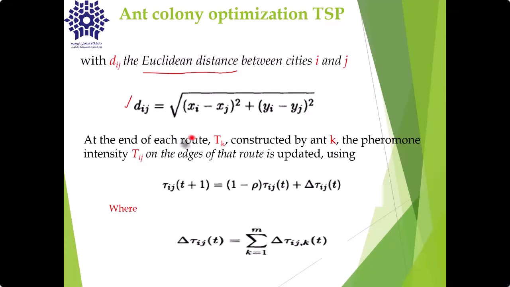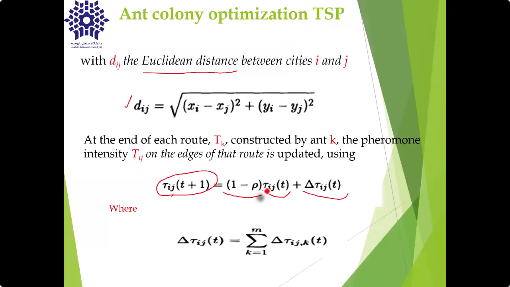At the end of each route, Tk, the amount of pheromone between city I and J at time t plus 1 is equal to the amount of pheromone at the previous time multiplied by 1 minus rho, plus delta tau ij at time t.